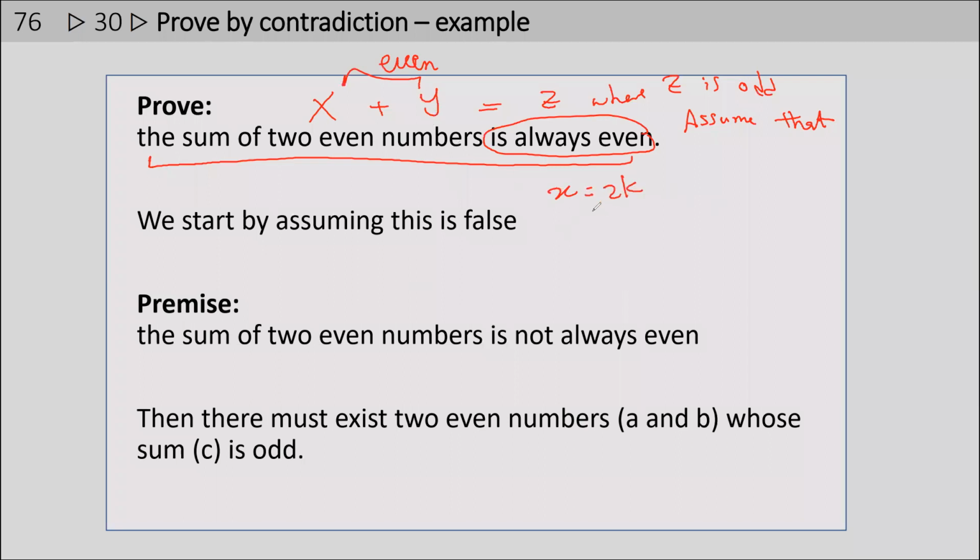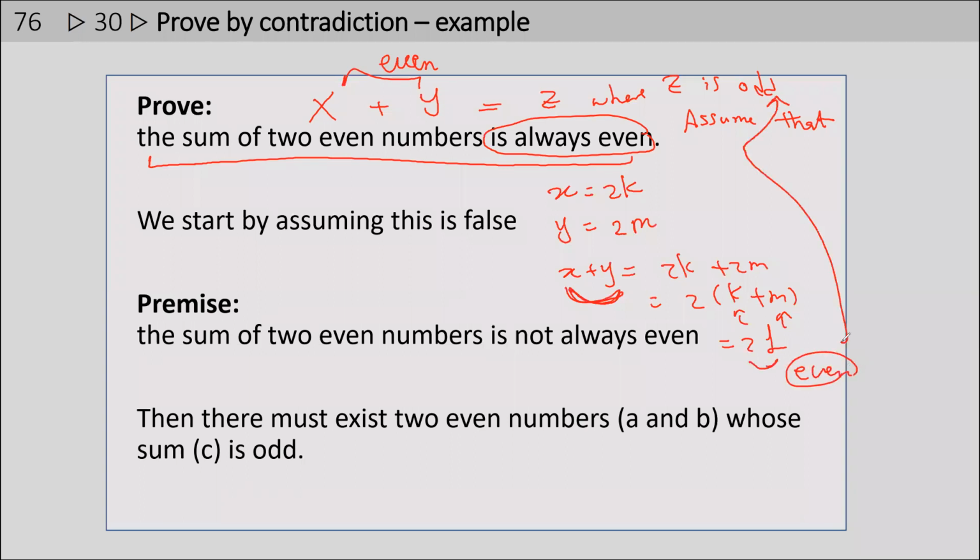Because you know that y is even so y is twice m. For example, k and m, it could be different. It could be the same value, it could be different. So add them together. So x plus y is twice k plus twice m, which means twice k plus m. Adding integer plus an integer, it generates another integer, which is twice l.